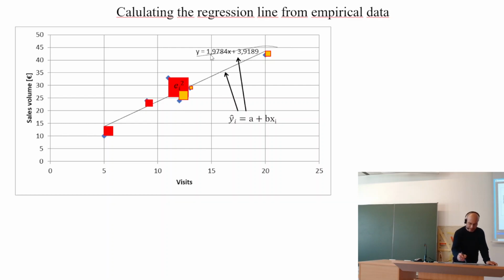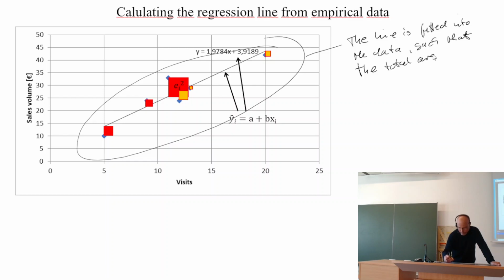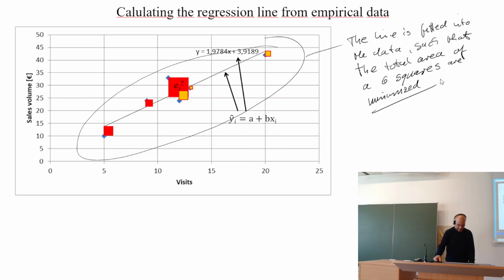So the line is fitted into the data such that the total area of all 6 squares is minimized.